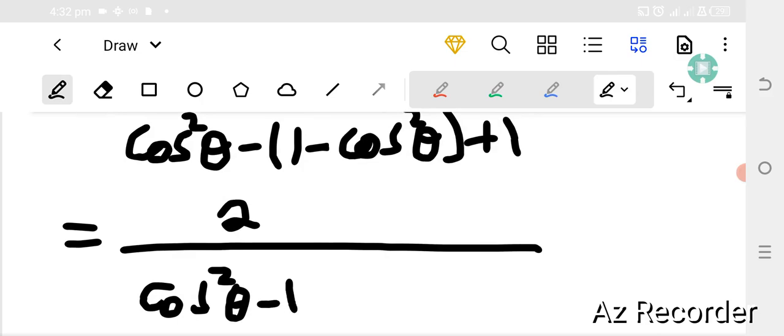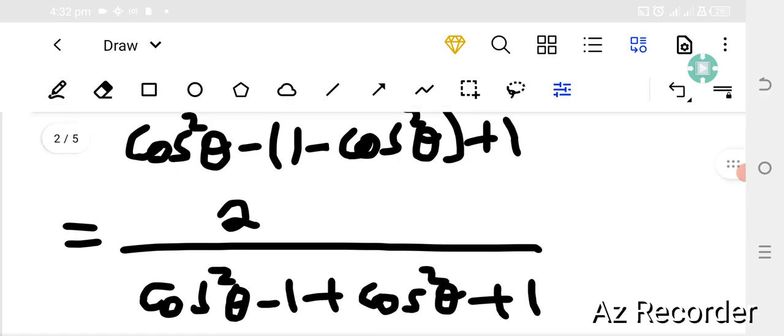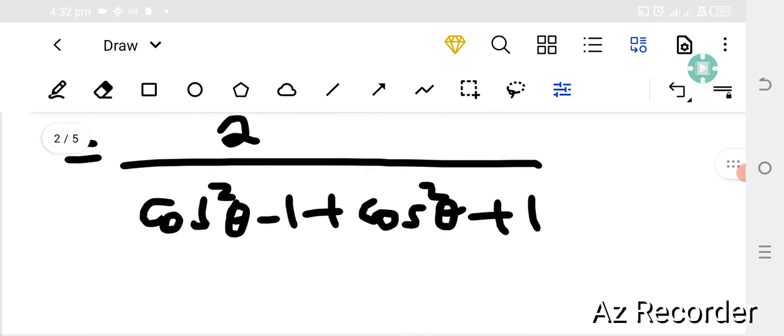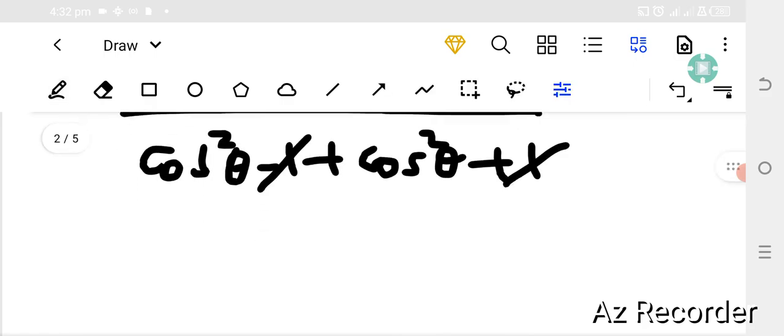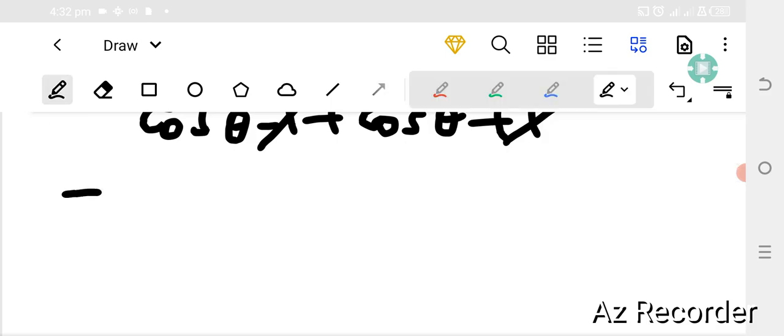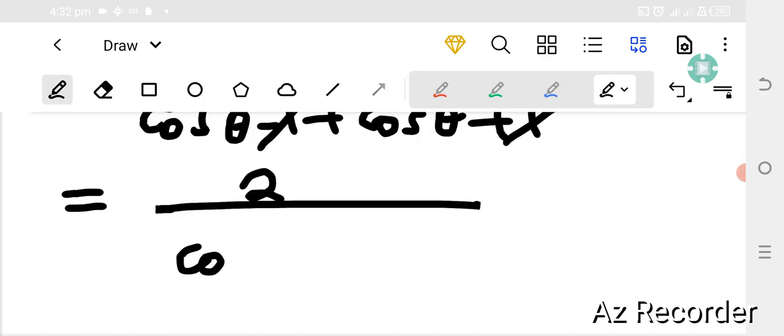Negative 1 times negative cos theta squared is going to be plus cos theta squared, and then plus 1. Reaching this point in time, you can see that there's something that can cancel out. This negative 1 and the positive 1 can cancel out. We are going to remain with 2 divided by cos theta.